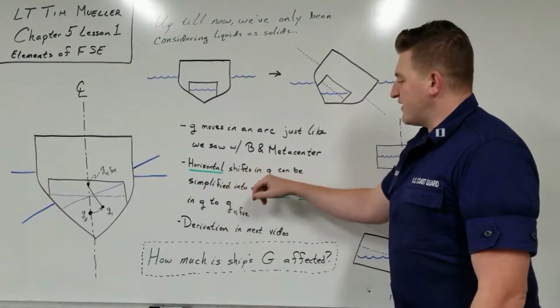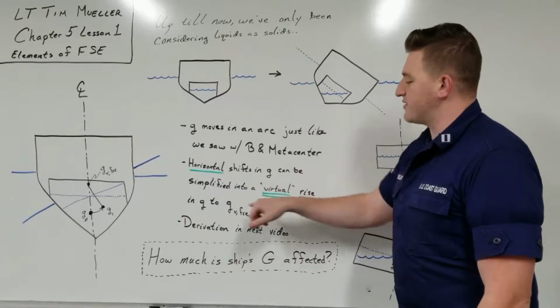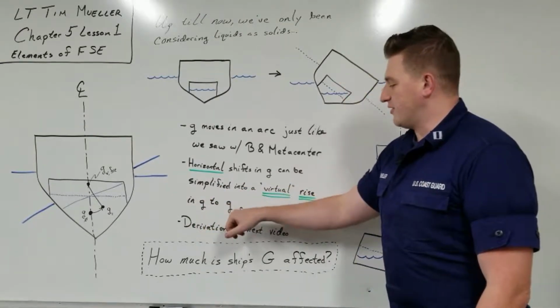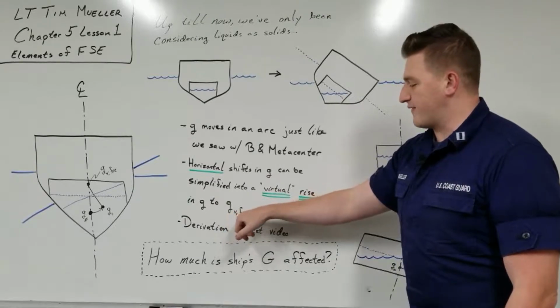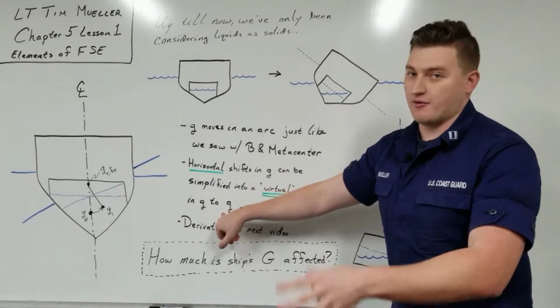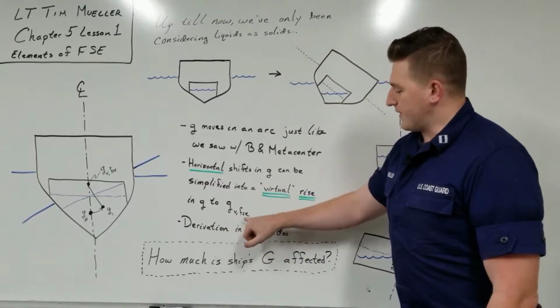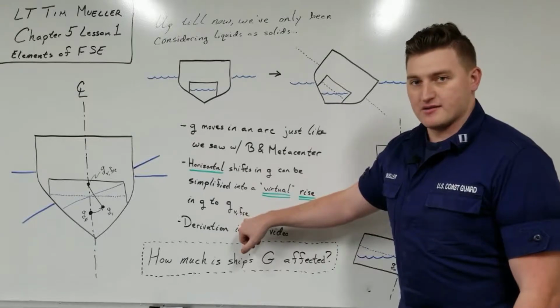So horizontal shifts in little g can be simplified into a virtual rise in little g to little g v FSE. Little g being the center of gravity of the water inside the tank, or the diesel fuel, whatever it might be, V standing for virtual, and FSE being free surface effect.